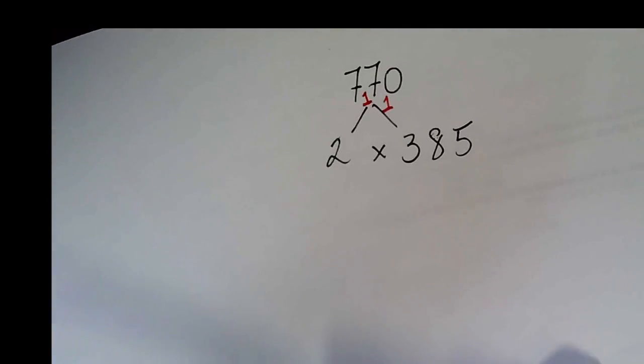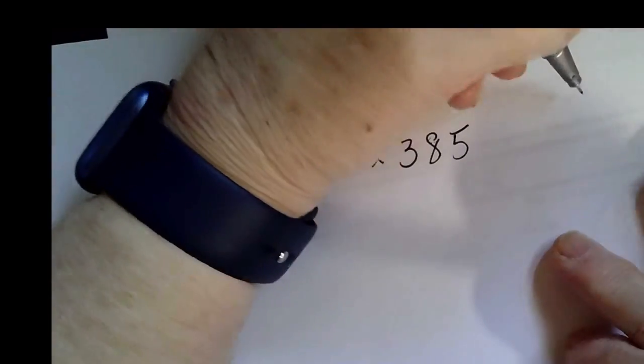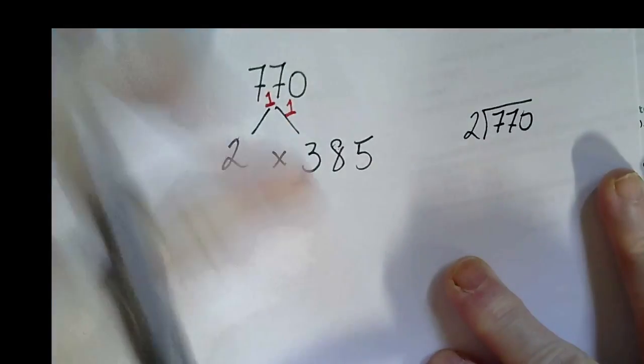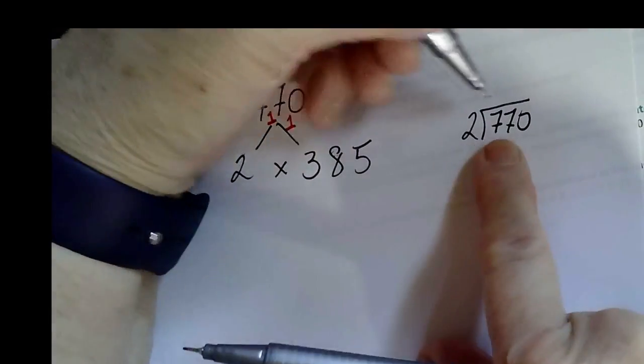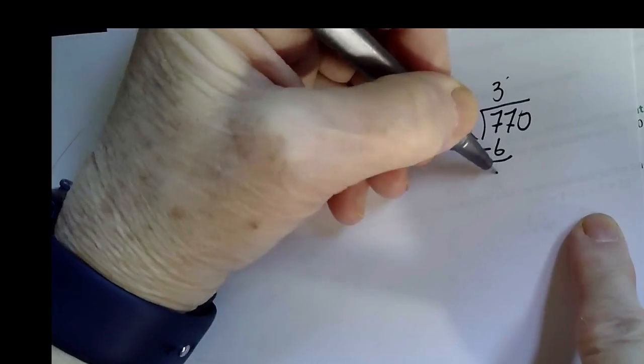You don't have to do this form of division, you can divide using long division. So you could write this as 2 goes into 7 3 times. 3 times 2 is 6. 7 minus 6 is 1.